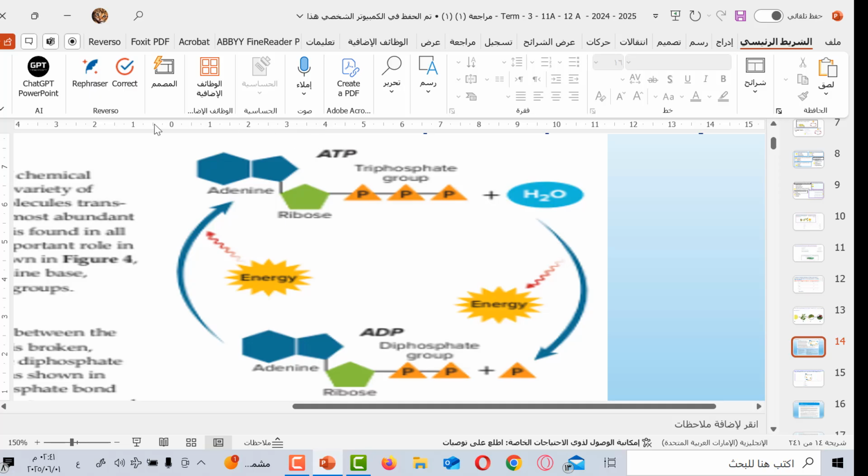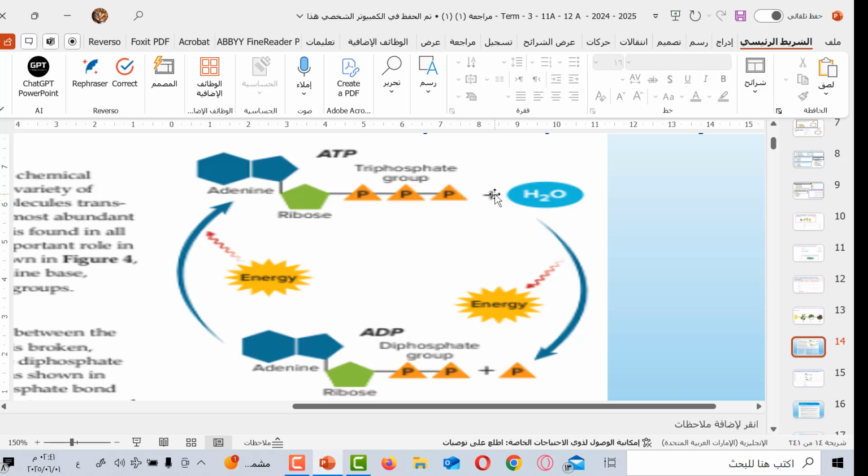This is the shape of ATP. It consists of adenine, which is called a nitrogen base, and ribose, which is a 5-carbon sugar, and 1, 2, 3 phosphate groups. It has 3 phosphate groups.